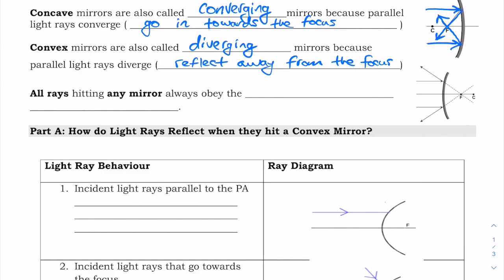So here's our diverging mirror. Remember, we said that concave mirrors cave inward, and the convex or diverging mirrors bend away from the direction of light. So in this example, we have two incoming rays of parallel light, which I'll just highlight here in blue. Notice that they diverge away from each other. But something to take away here is that mirrors always obey the laws of reflection. So for any ray of light hitting the mirror, we're going to see the law of reflection obeyed.